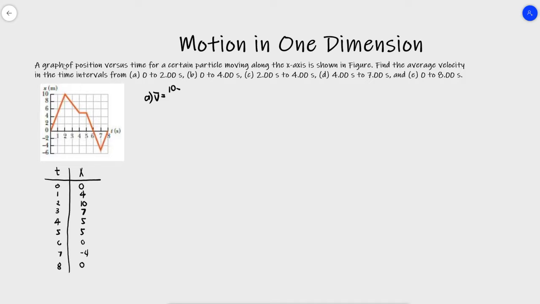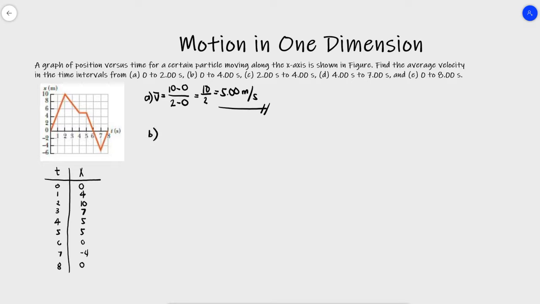We have 0, and for the time we have 2 minus 0. Then getting the average velocity, we have 10 over 2, which is equal to 5.00 meters per second. That is our answer for letter A.